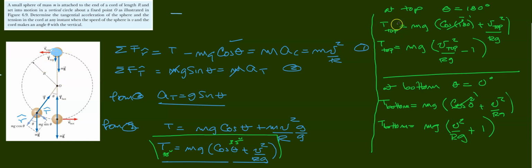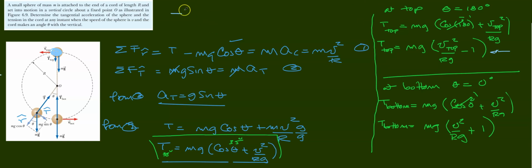Notice that the tension is proportional to the speed. Here, this is the equation we're looking at. The tension is proportional to the square of the speed. If the speed is too low here, the tension is also going to decrease. There is a value for the speed to which all this becomes equal to 0.